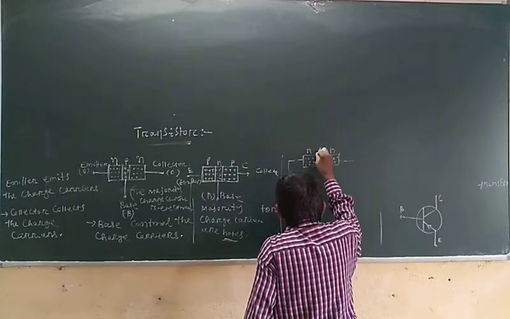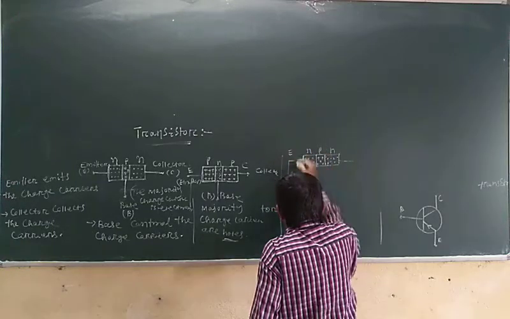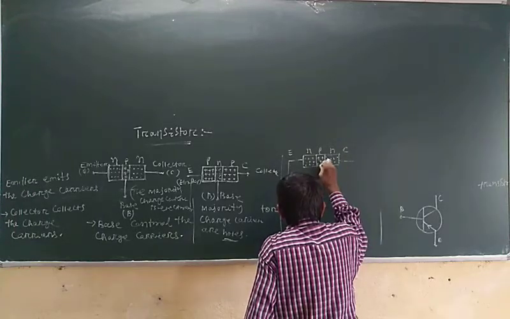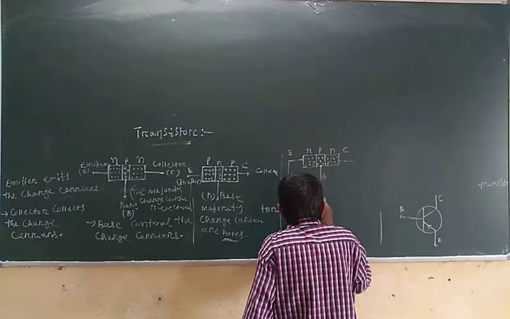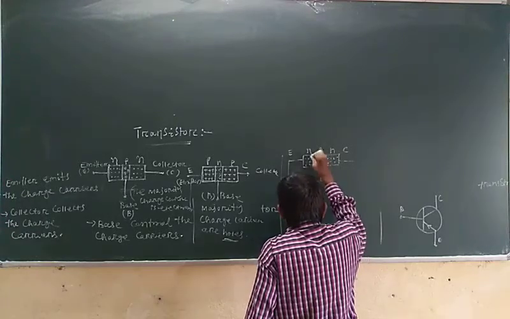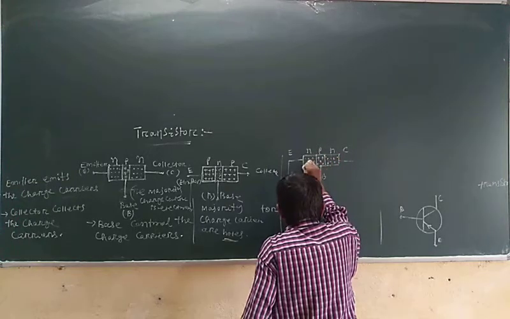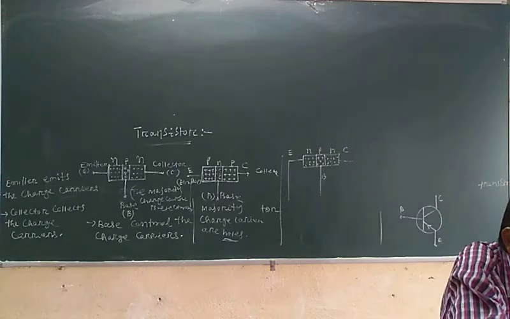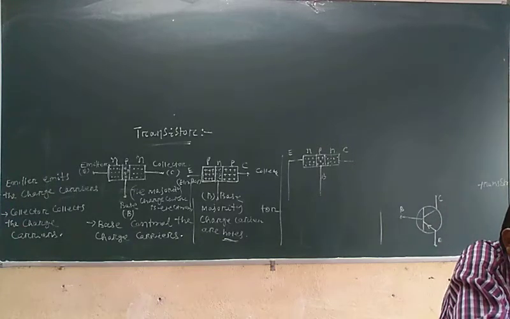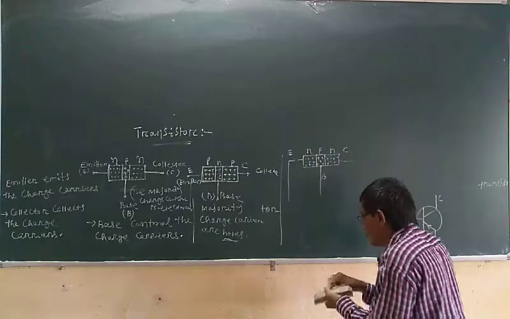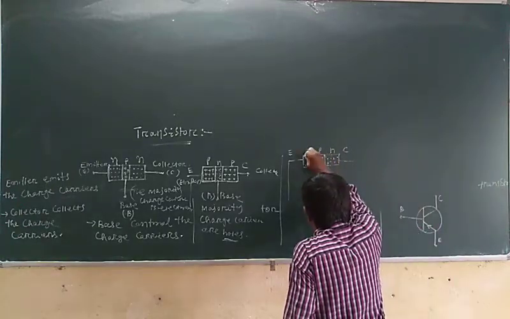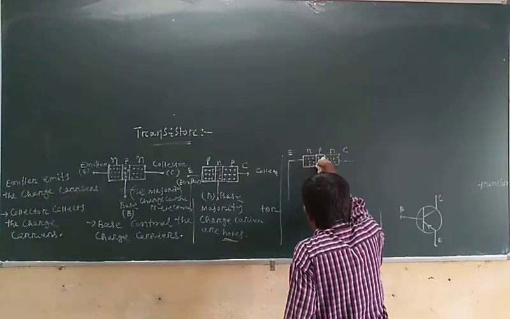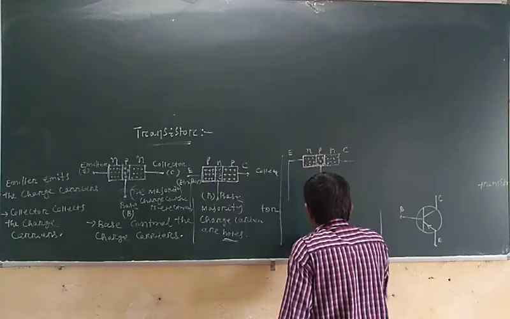Suppose this is the emitter, this is the collector, and this is the base. Now this first PN junction is always forward biased.